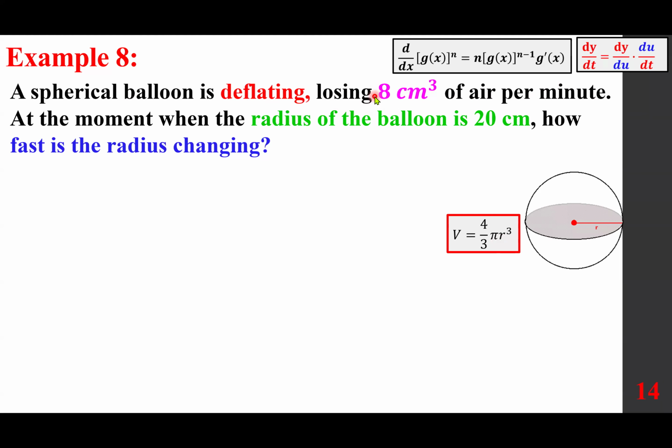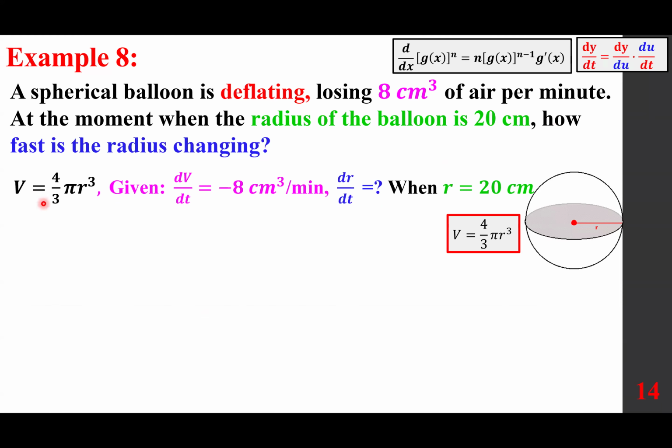And at the moment when the radius is 20, when r is 20, we want to know what's dr/dt, how fast is the radius changing. So we're going to write the formula for the volume, 4/3 pi r cubed. Given dV/dt is negative 8 cubic centimeters per minute, missing dr/dt at the moment that the radius is 20 centimeters.